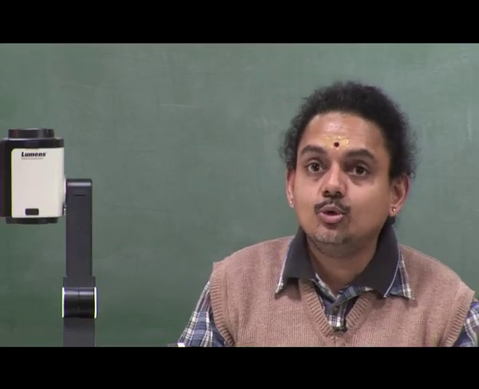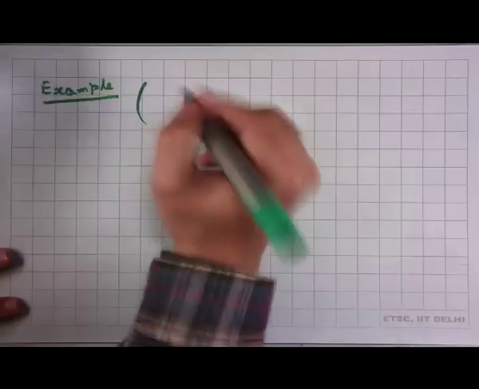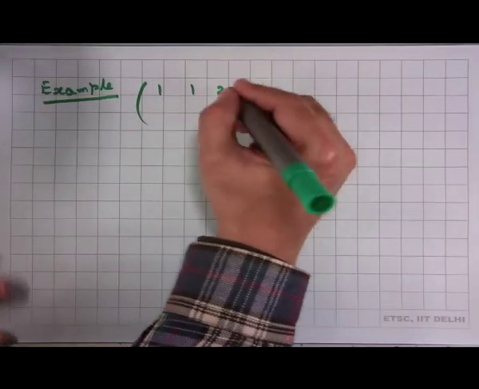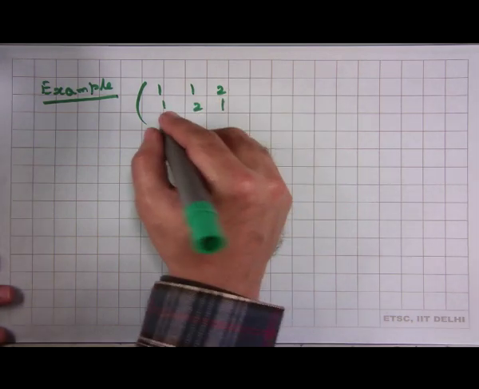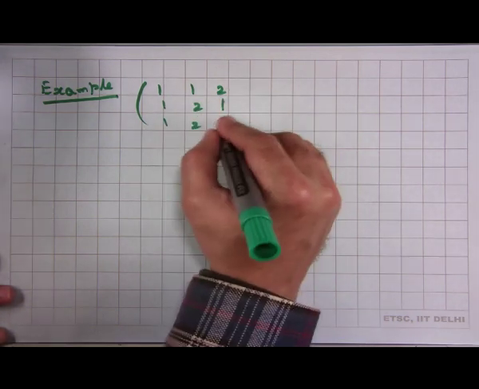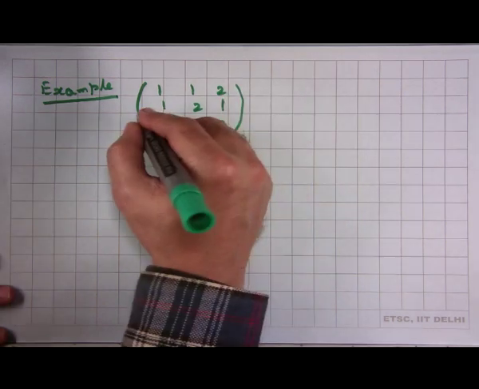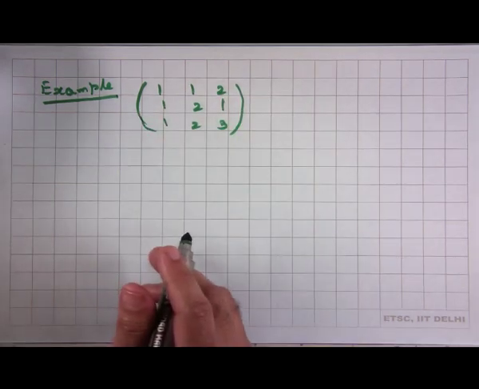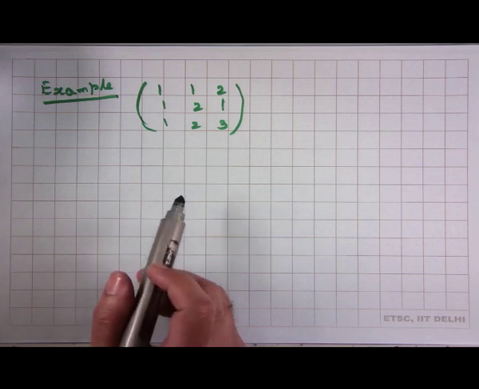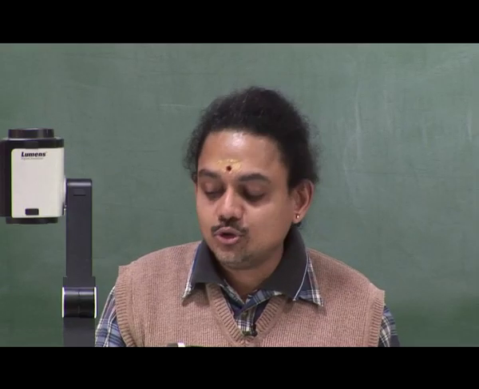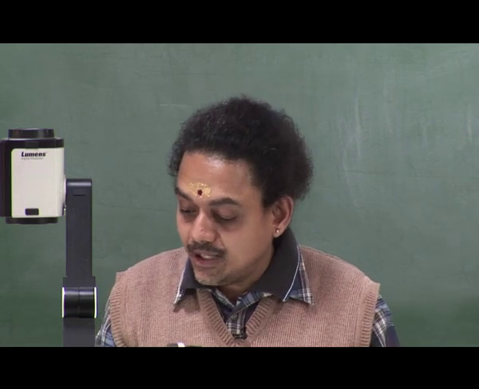So, now let us do a simple example: 1 1 2, 1 2 1, 1 2 3. This is the matrix that I have. So, what are those things that we will have to do? First step, look if there are any 0 rows and then apply interchange of rows to push them to the last one.